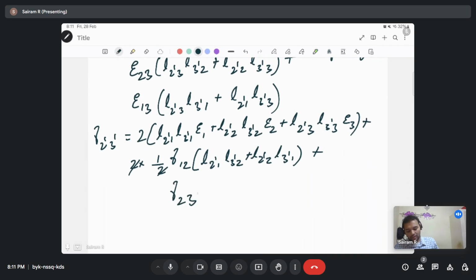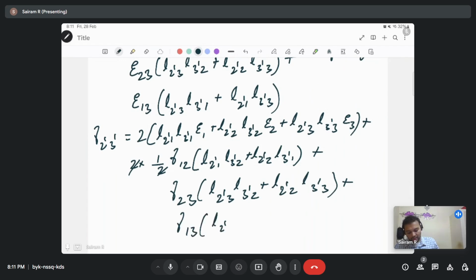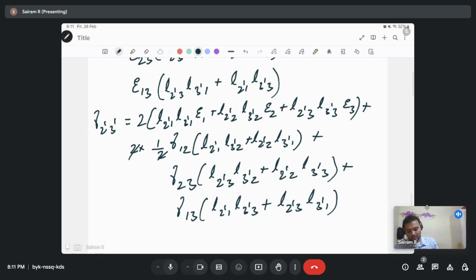Gamma 2 3 into L2 prime 3 L3 prime 2 plus L2 prime 2 L3 prime 3 plus gamma 1 3 into L2 prime 1 L3 prime 3 plus L2 prime 3 L3 prime 1. So this is the overall answer for gamma 2 prime 3 prime.